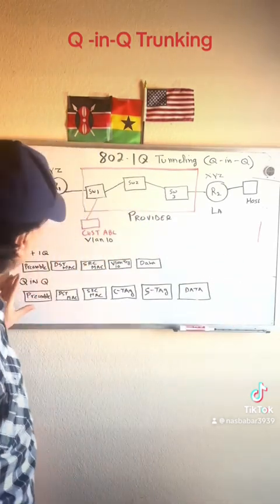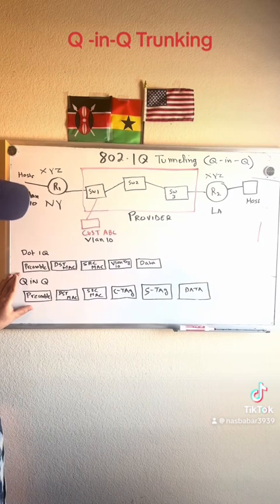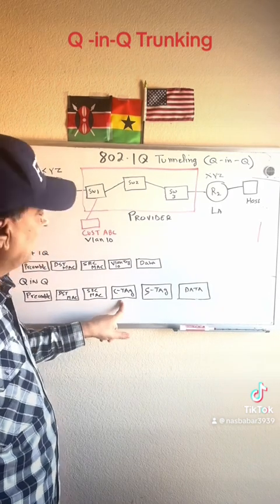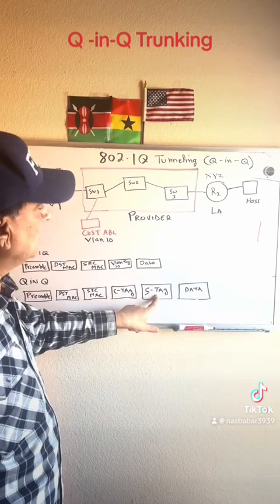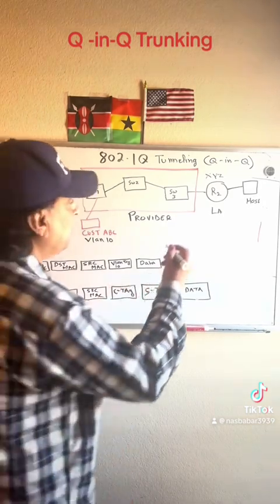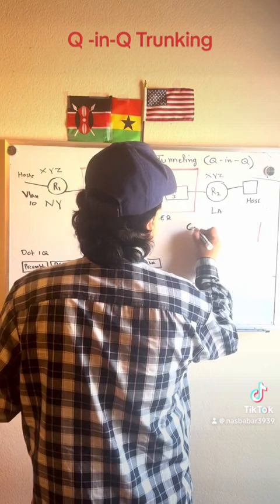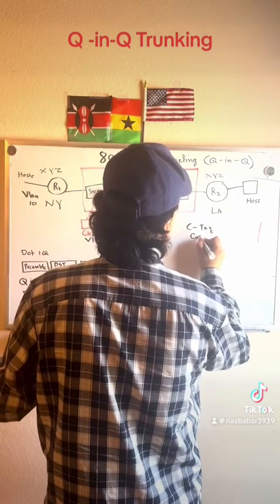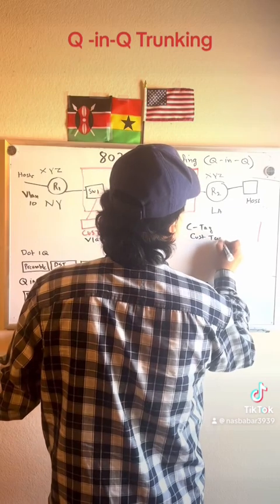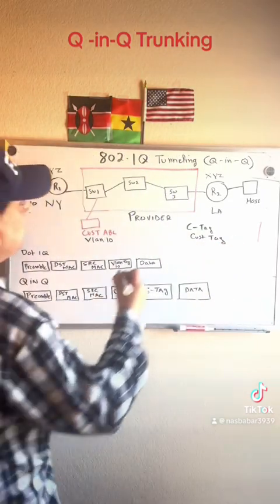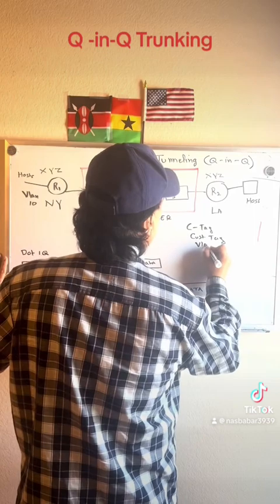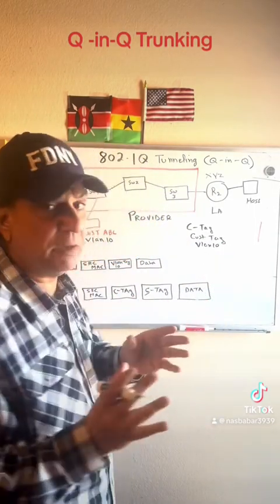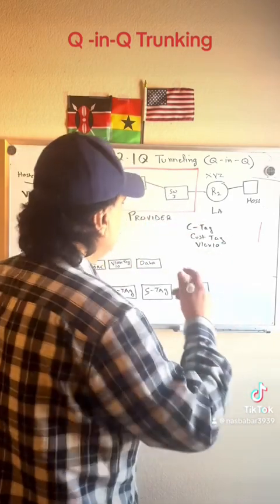What happens is that when we have Q-in-Q, there is something called a C tag and something called an S tag. C tag is customer tag. Let me write that down. C tag is customer tag, and in this case, it's going to be VLAN 10. Now on top of that, the service provider will add their own VLAN tagging.